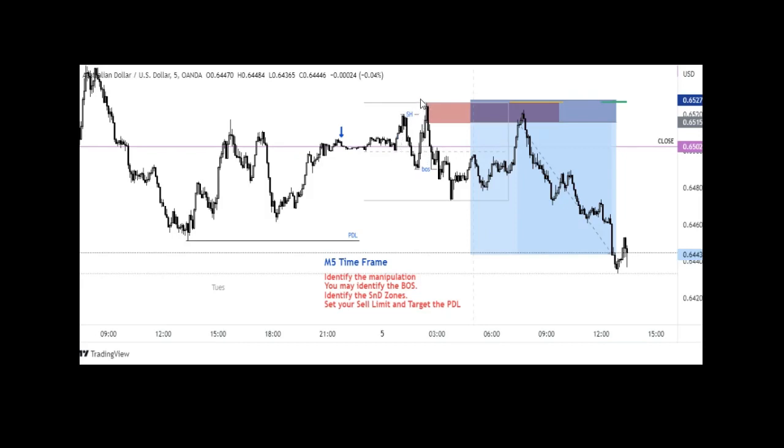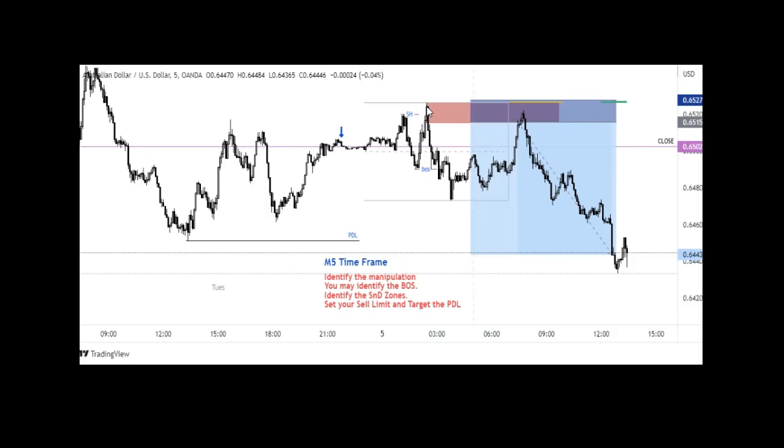You can see a very nice manipulation taking place. First we have this manipulation, and then the market did another manipulation, possibly reacting from a supply around here. Before we have this short-term low created, then we have a break of structure.